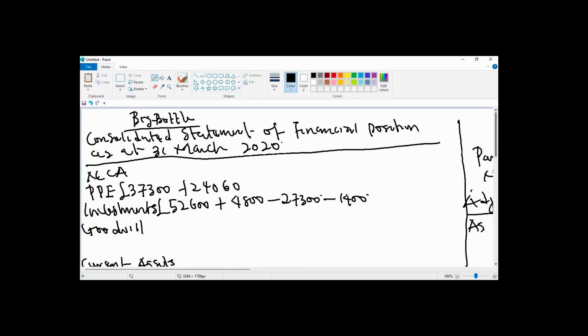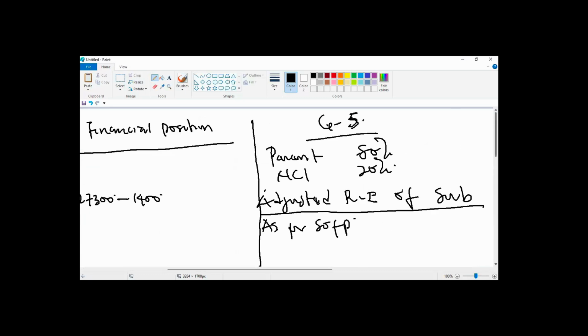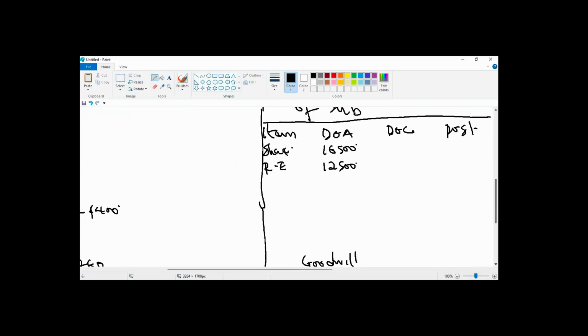In my PPE I will debit plus 1/6. I will credit the reserve of the subsidiary, the revaluation surplus on plant or PPE, which is 1/6.